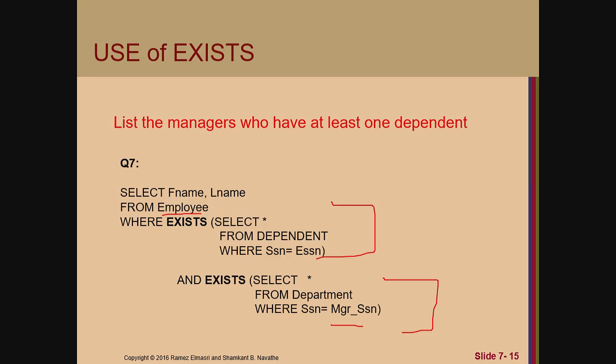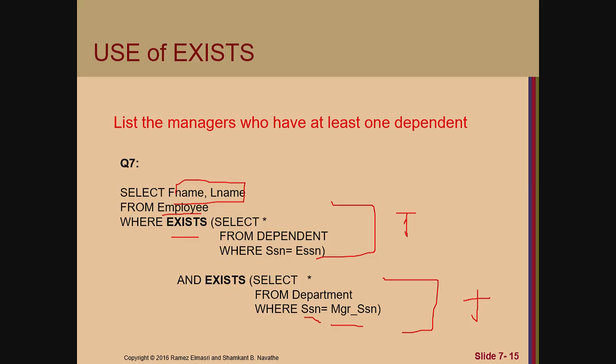If the first one is true, he has some dependent, using EXISTS, right? EXISTS means that if the set is not null, it returns true. And if the second subquery retrieves that the man is a manager, the result is not null, so it returns true also. Then after true and true, we show the man's first name and last name.